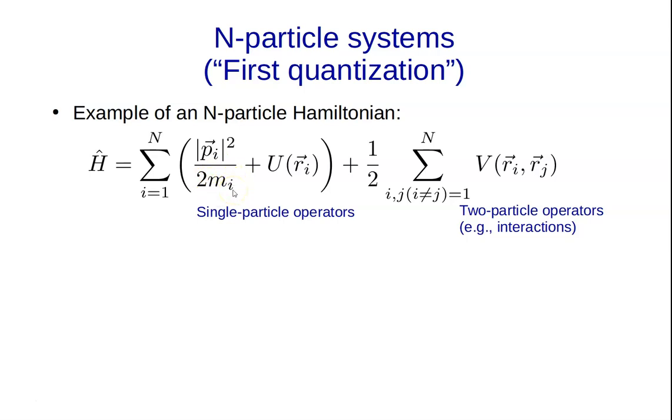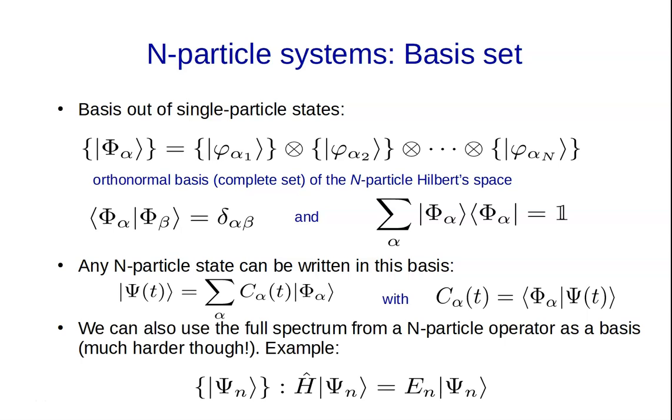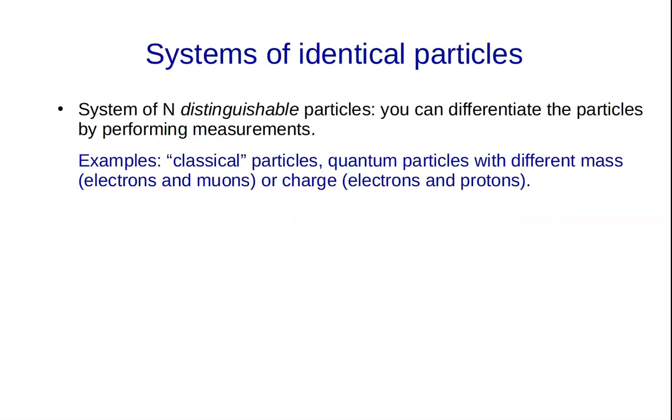But the more interesting case for us in condensed matter is the case where you have n identical particles, say 3 electrons, right? With the same mass, and you cannot tell one from the other. So in the first case where you have the electron, the muon, and the proton, you can distinguish them. They are quantum particles, but they have different quantum numbers, right?